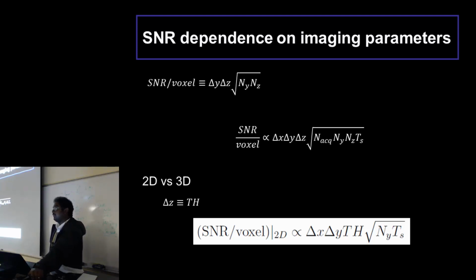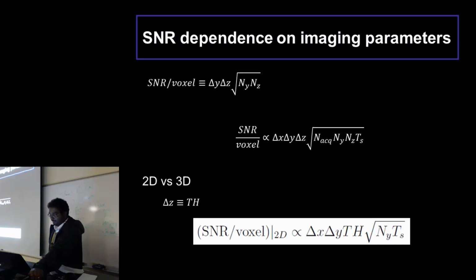And just like what you saw earlier, you would have the trade-offs in one scenario versus the other. So in a 2D experiment, this expression changes slightly to this, where the Z part changes to TH, which is the slice thickness.